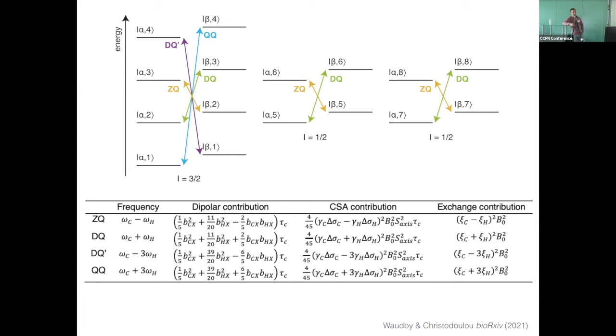And the dipolar contribution to the relaxation of these four-spin states, the QQ quadruple quantum and the DQ prime, this four-spin double quantum, are not much larger than the classic zero and double quantum methyl-TROSY effect. So the only additional relaxation you get is through external protons that's a bit more sensitive. But given the extreme coherence, it's actually remarkably slowly relaxing.